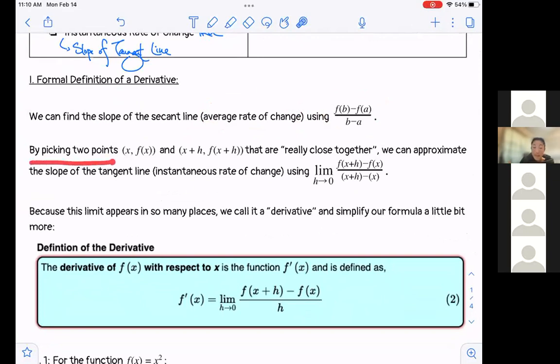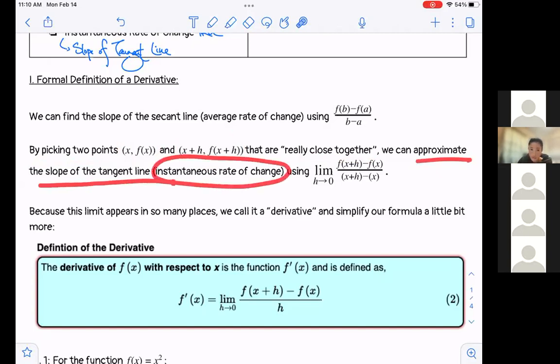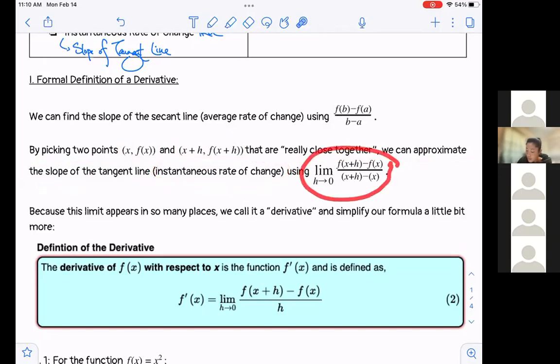So when we pick cleverly 2 points and we call them x comma f of x and x plus h comma f of x plus h, with the stipulation that these are really close together, okay? We can use that to approximate the slope of the tangent line, which is our instantaneous rate of change.